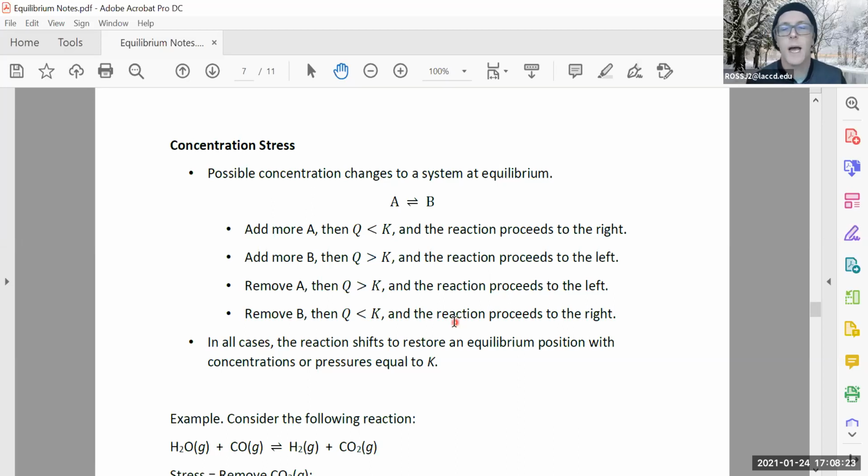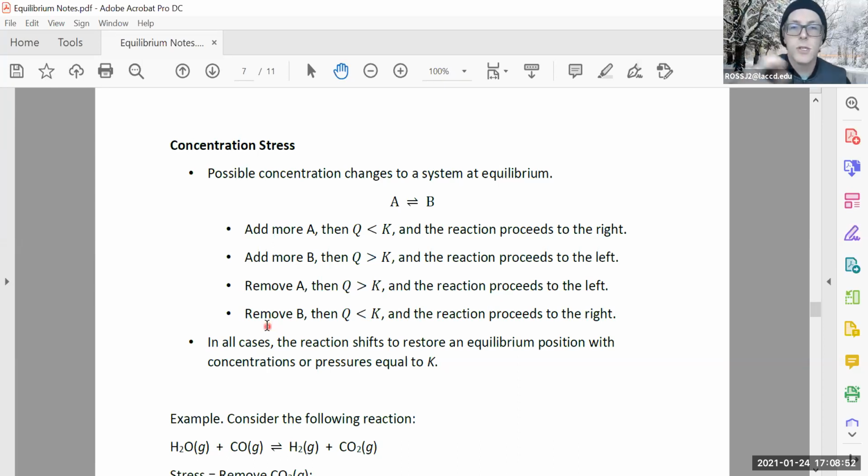If we were to add a greater concentration of B, we just dump more product in, then we would make Q greater than K so the reaction would shift left. If we removed A, it would be the same as adding B, so we'd have a common shift to the left for the third bullet point here. And finally, if we remove B, it's the same as adding A.